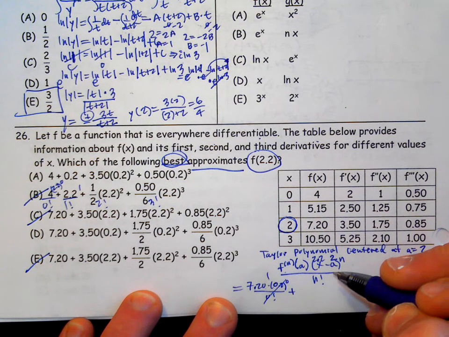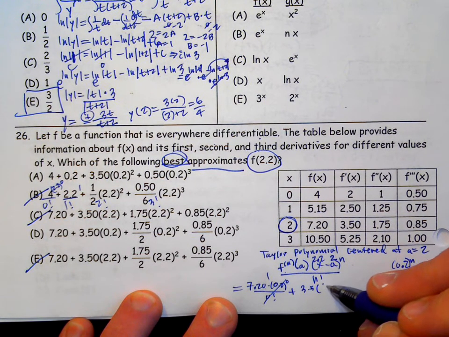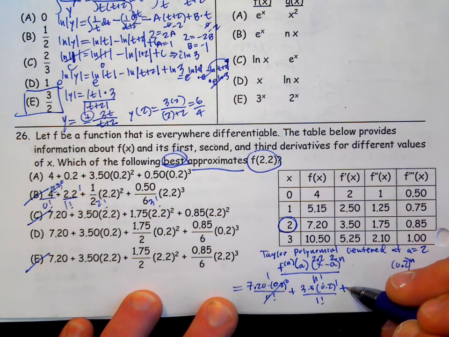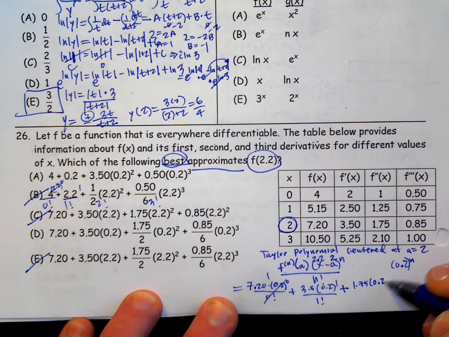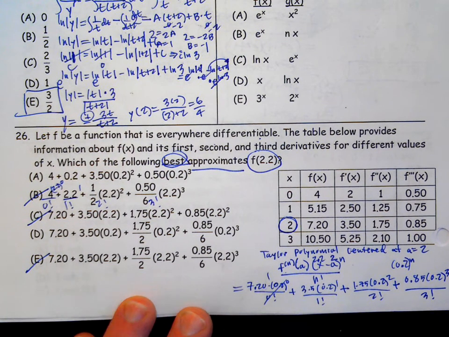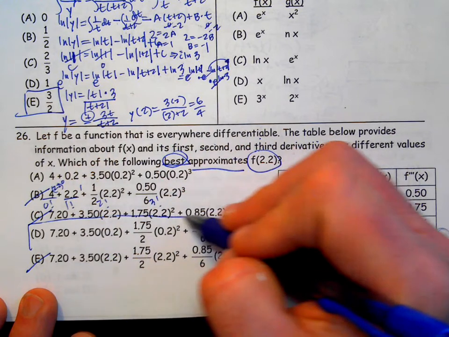Plus the first derivative at the center 3.5, 0.2 to the first over 1 factorial, plus the second derivative 1.75, 0.2 to the second power over 2 factorial, plus 0.85, 0.2 to the third power over 3 factorial. So that would be a Taylor polynomial centered at 2, and that is exactly what D is.